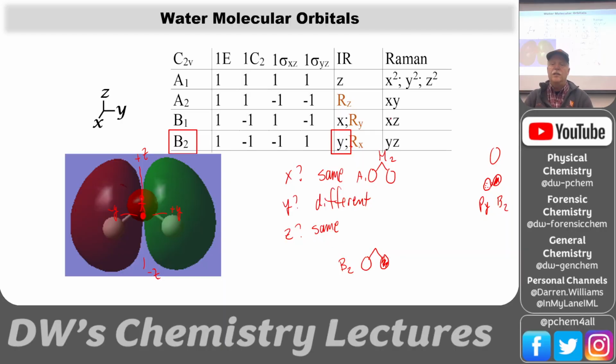And so if we're making the molecular orbital diagram with these, we could combine a B2 orbital, that's py, with the B2 symmetry adapted linear combination of the hydrogens, and we could make this molecular orbital right here.